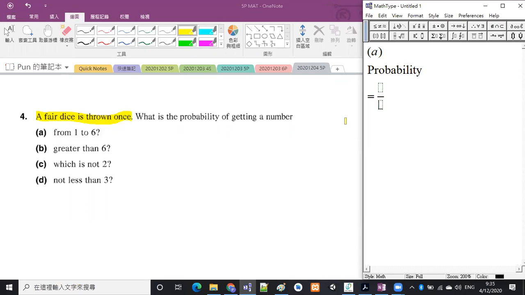Because we are throwing the dice one time, so there will be 6 different outcomes, right? Okay, so the denominator should be equal to 6.